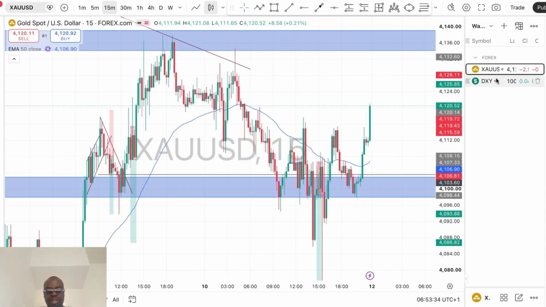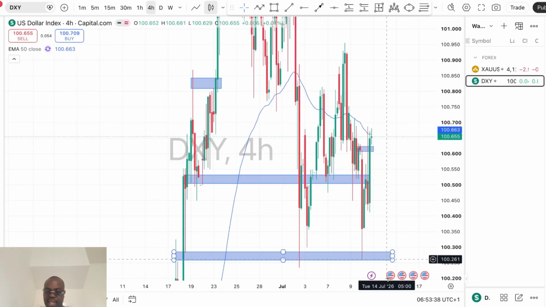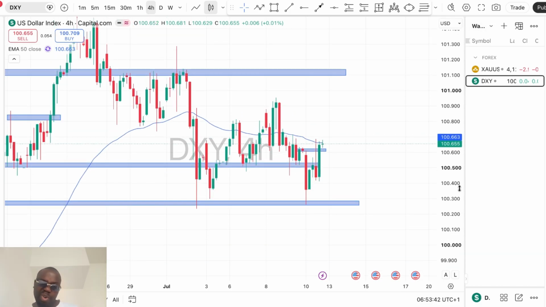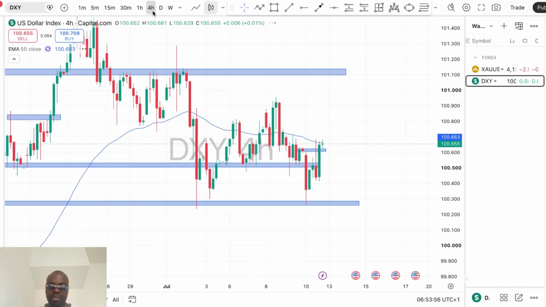Now let's check DXY. All right, DXY. DXY is showing a very strong momentum to the upside, so I don't really know what's going on. DXY needs to be dropping for gold to be buying. If DXY is bullish, gold is bearish. If gold is bearish, DXY is bullish.